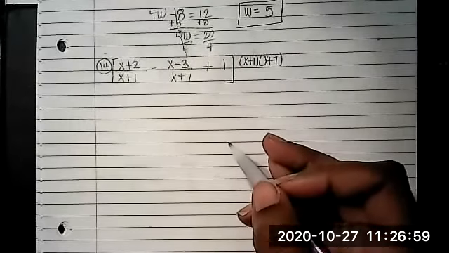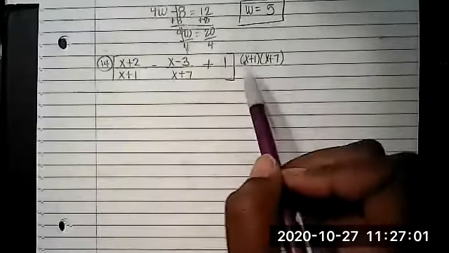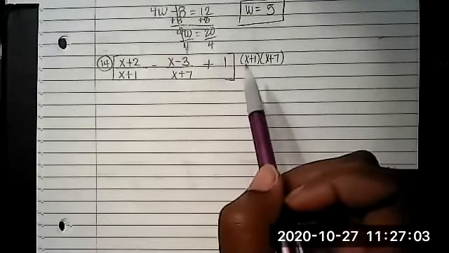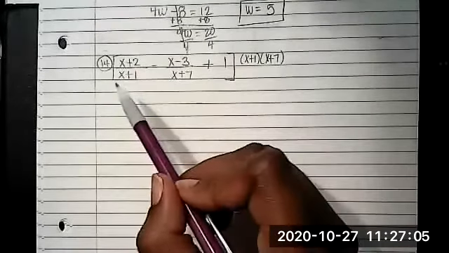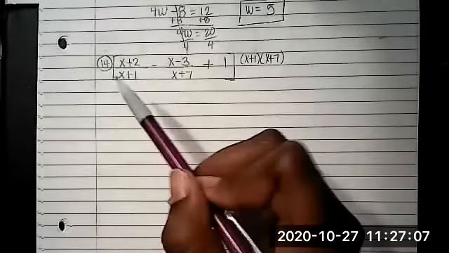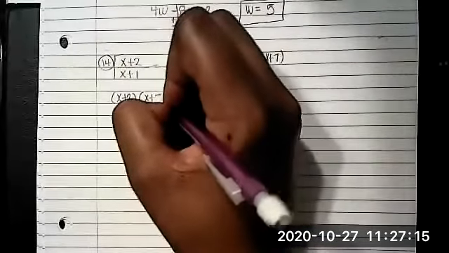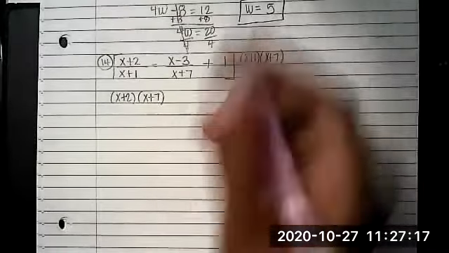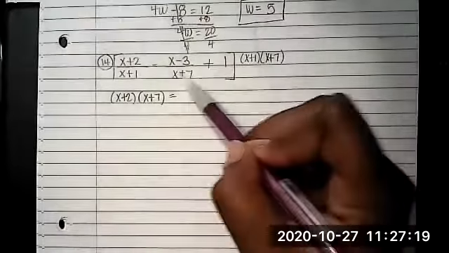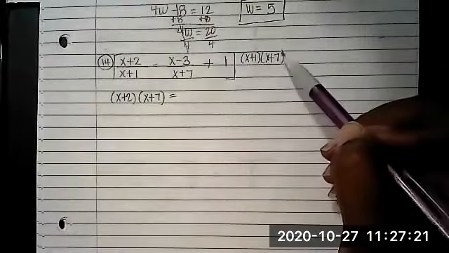Okay. Of course, I don't have to write it all out again. I can show you. I'm multiplying this times this. The x plus 1s would cancel out. What will be left over is now x plus 2 and x plus 7. Okay. Equals, here the x plus 7s would cancel out.